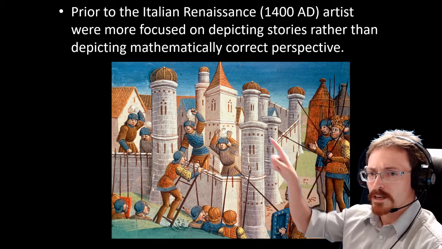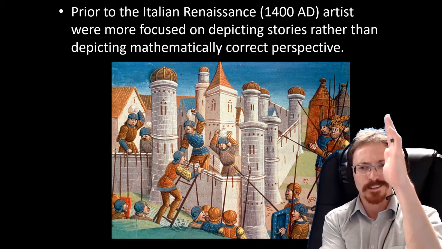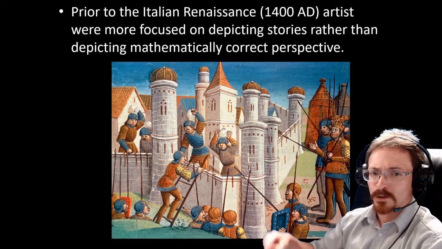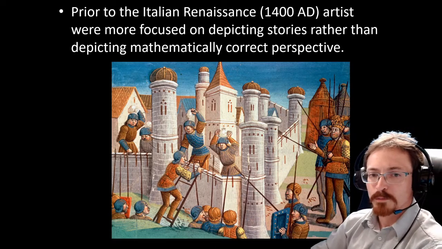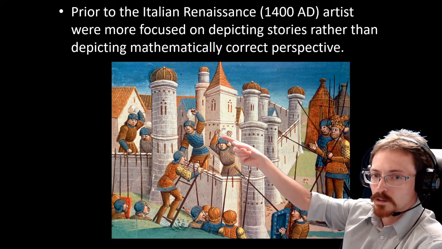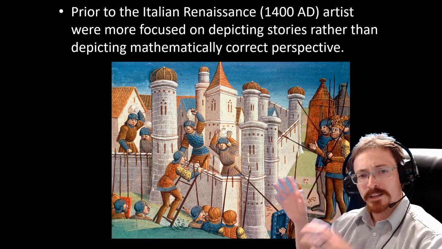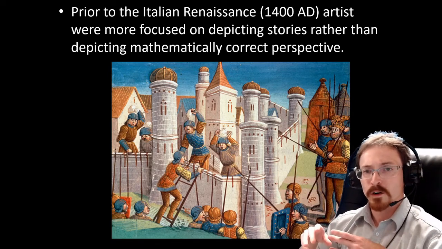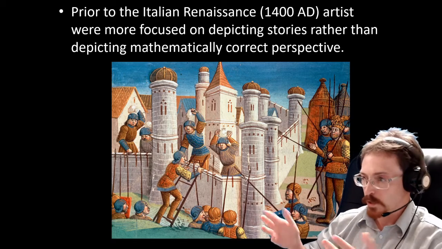And not only that, this wall would probably be setting on an angle kind of like that. I mean, it would not be practical. That ladder right there would be taller than most people. I mean, why would he even use a ladder? I mean, look, that guy can literally just walk over the wall. Perspective did not matter in art until the Renaissance because they were more focused on telling a story.